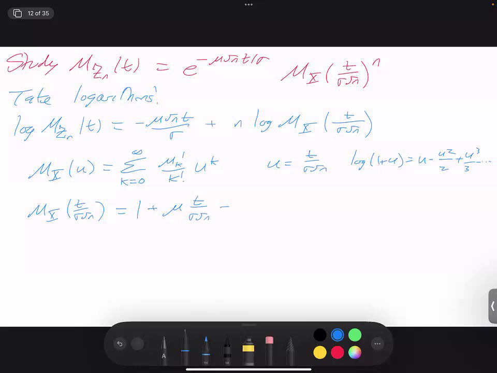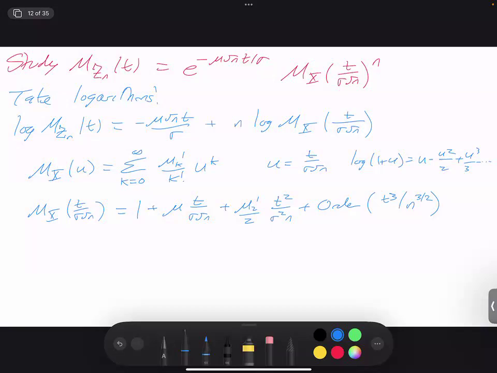The next term is plus mu2 prime over 2, then t squared, I'm sorry, u squared, which becomes t squared over sigma squared n, plus something of order t cubed over n to the 3/2. Everything from this point onward is going to have a u cubed, u to the 4th, u to the 5th, and so on.